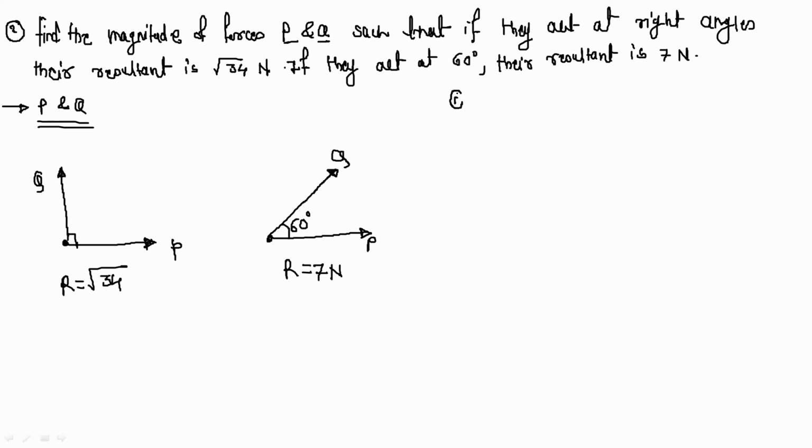So consider the first case. Write the formula R is equal to square root of P square plus Q square plus 2PQ cos alpha. Now what is alpha here? Alpha means the angle between the first and second force. So alpha here is equal to 90 degrees and R is equal to root 34.